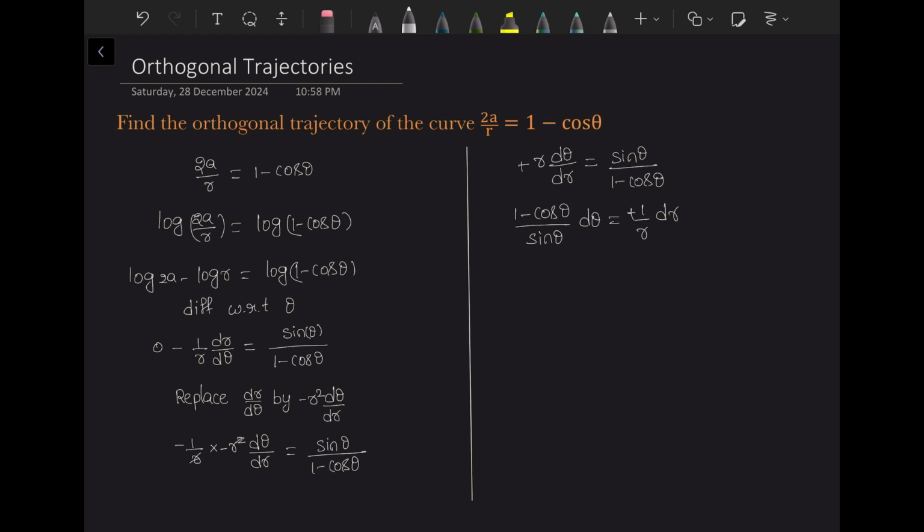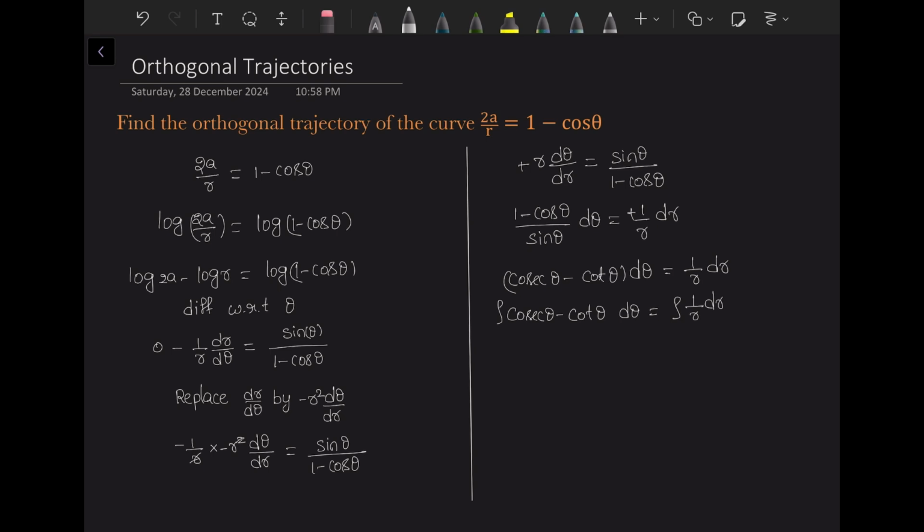This can be written as (cosec θ - cot θ) dθ = (1/r) dr. So now integrate on both sides. Integral of (cosec θ - cot θ) dθ = integral of 1/r dr.